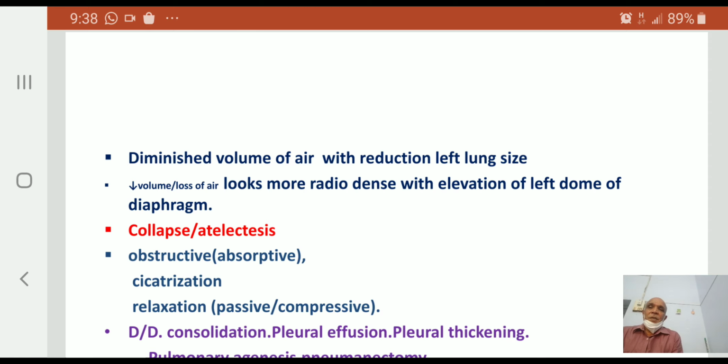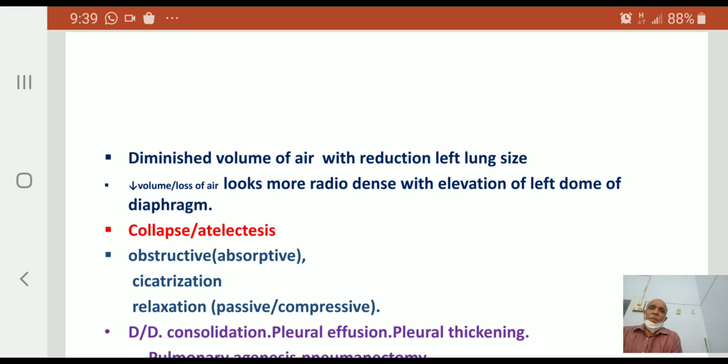Now the differential diagnosis of a radio dense opacity on chest. One is airspace consolidation, pneumonia. Second is pleural effusion. Third is pleural thickening from a post-operative procedure.